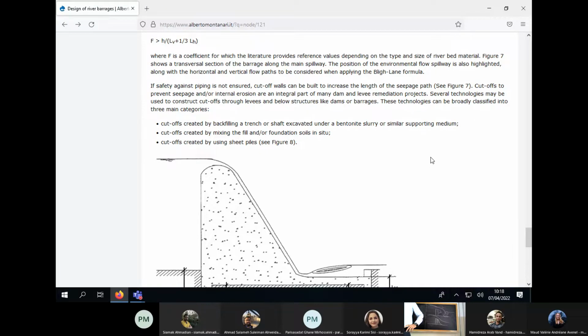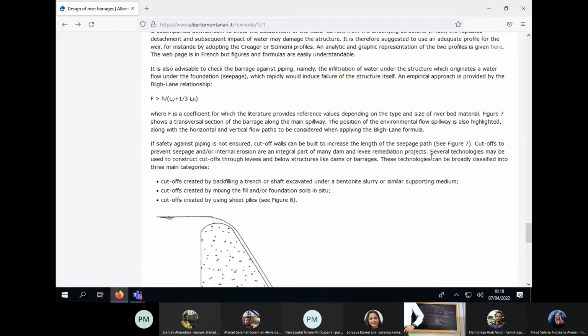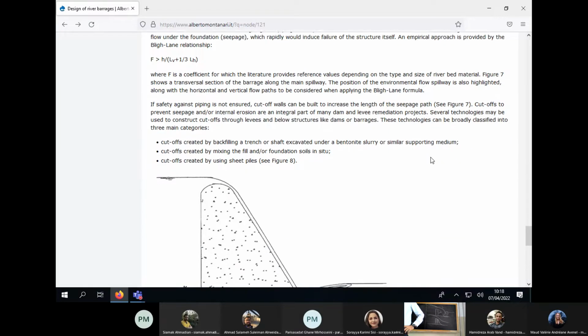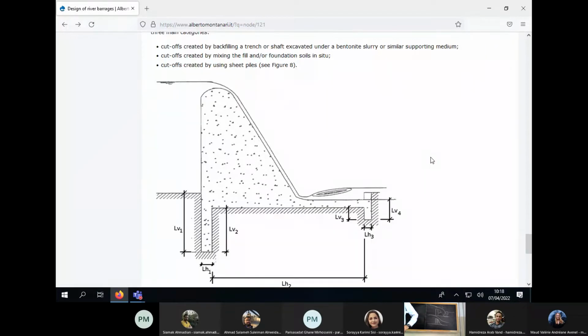So if the requirement is not satisfied, what you have to do is to increase the depth of the cutoffs. Here there is a list of the techniques that can be used to create cutoffs. They can be created by backfilling a trench or shaft excavated under a bentonite slurry or similar supporting medium.